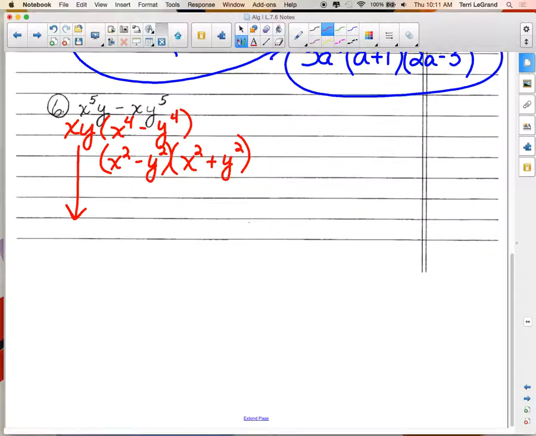Next question, can either of these be factored again? Yes. Which one? Both of them? The subtraction one. This one can't, can it? It's got addition. Arrow it down, it can't be done.